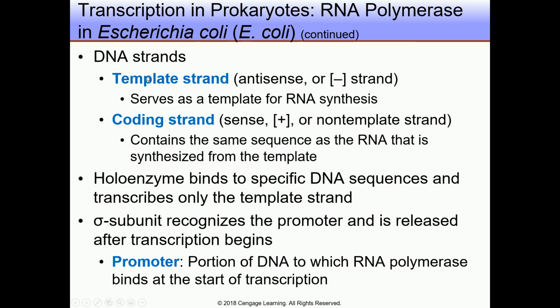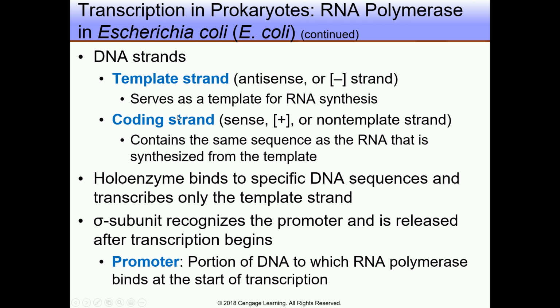The RNA strand is complementary to the template strand, and the coding strand is complementary to the template strand. So the RNA strand which is made has the same sequence as the coding strand, but the only difference is that the coding strand is a DNA strand, and the mRNA or the transcript which is made is RNA.